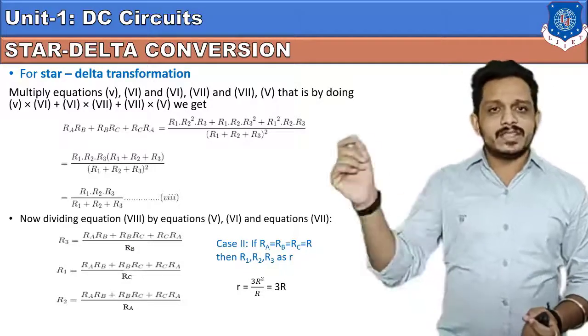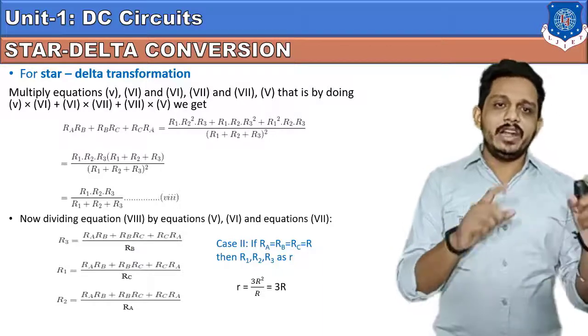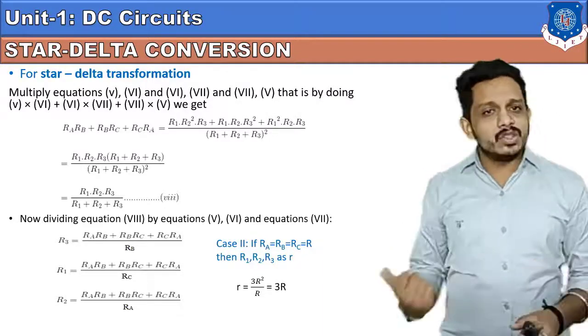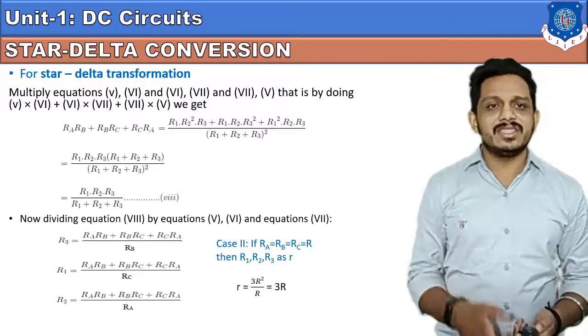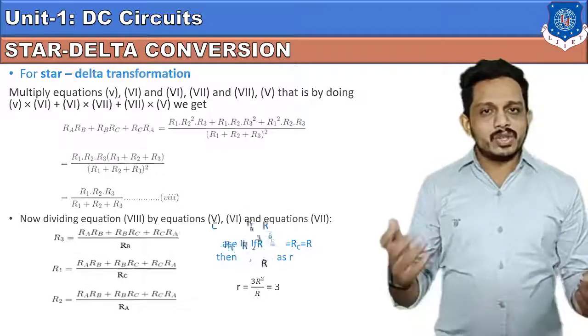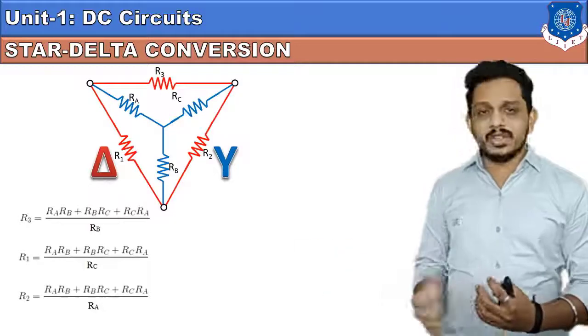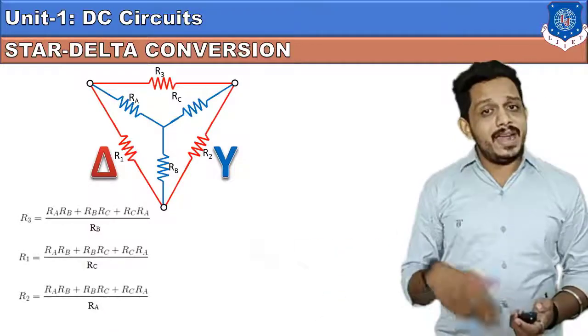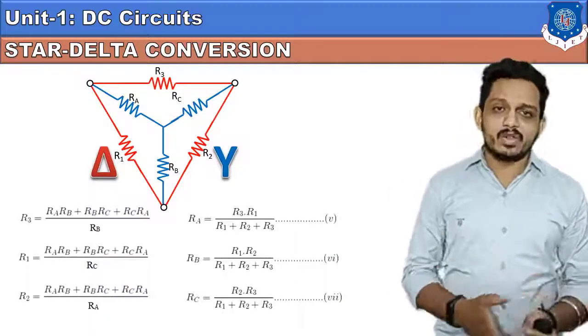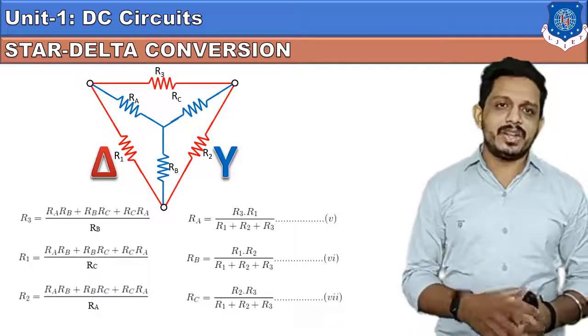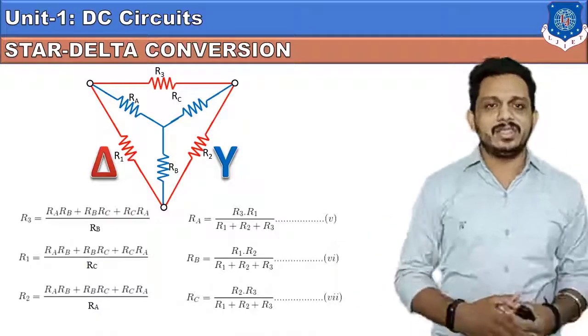If the values are 6, 6, 6, then in the delta connection it will be 18, 18 and 18. This is the shortcut method if the resistances are the same. So this was all about the star to delta conversion, and the equations we obtained are like this. And if you want to convert delta to star, then we have obtained the equations for RA, RB and RC like this.